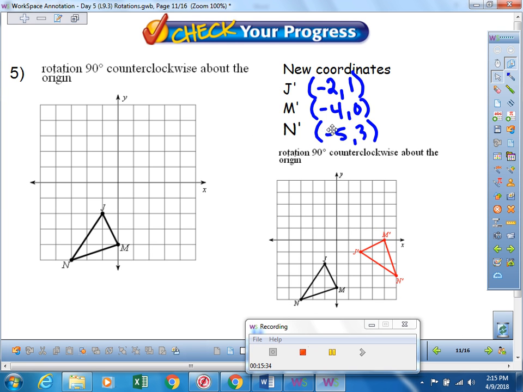Is it -4, 0? No, 4, 0. Is it -2? Oh, it's 2 and -1. And this is positive, negative. Okay.